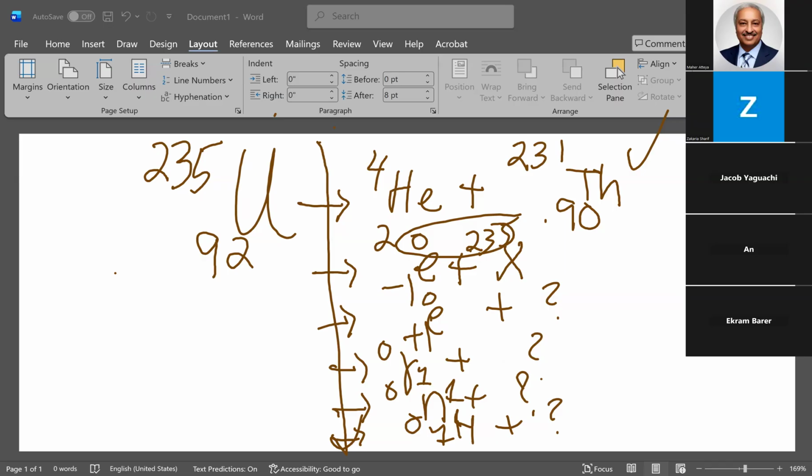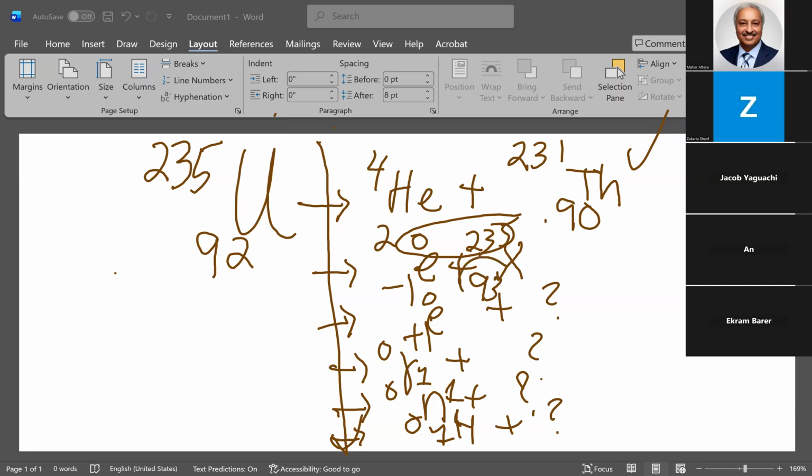How about atomic number? Atomic number? Come on, guys. 92 minus 1. 92 minus 1 will be 93. Perfect.